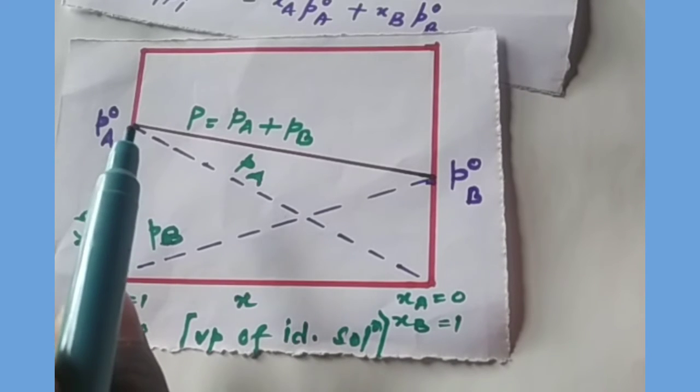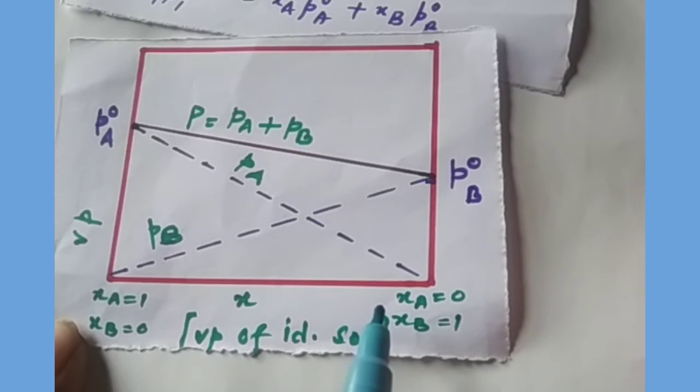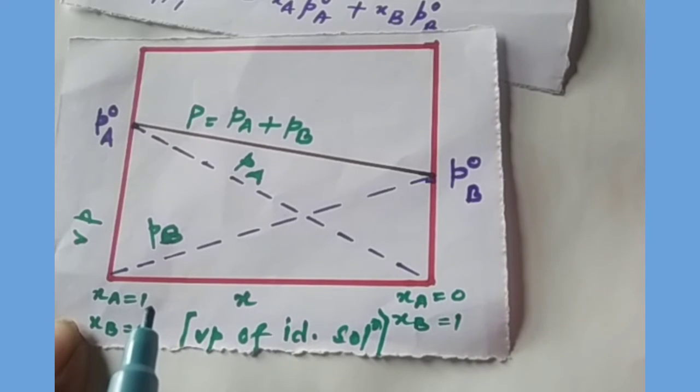That's why the point is here. Now, with X going from left to right, the mole fraction of A is decreasing while the mole fraction of B is increasing.